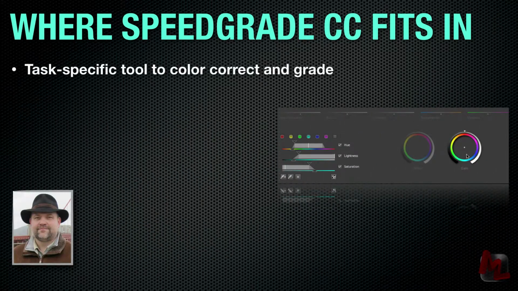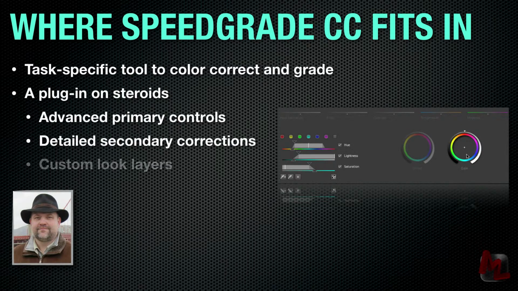Now, as I said, this is a task-specific tool. It's designed to do one thing and one thing only, color correct and color grade. Yeah, there's a little bit of timeline editing that you can do in here, but it is not an NLE. It is a dedicated color correction app. I like to think of it as a color correction plugin on steroids. And it includes things like primary controls, which on their own are actually very, very powerful.